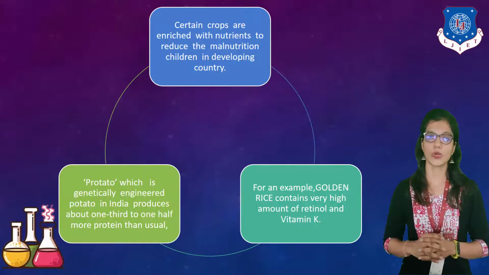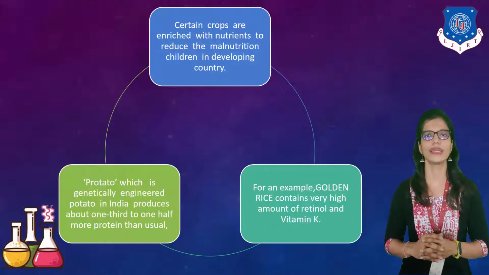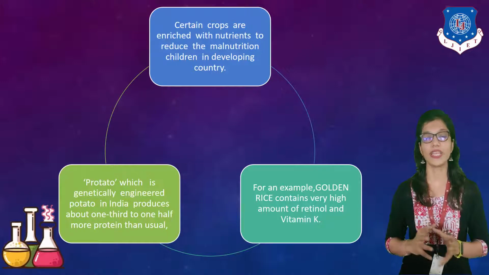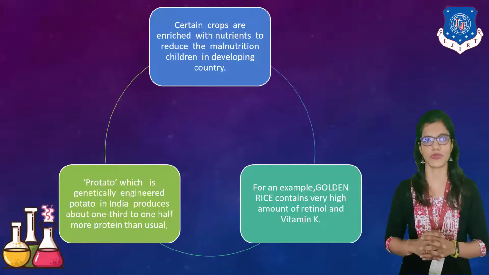Let's see another one. Okay, so certain crops are enriched with nutrients to reduce the malnutrition of children in developing countries. We all know that we are a developing nation and many children face malnutrition.